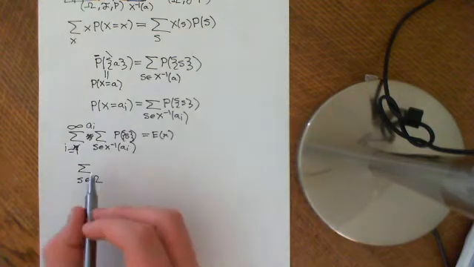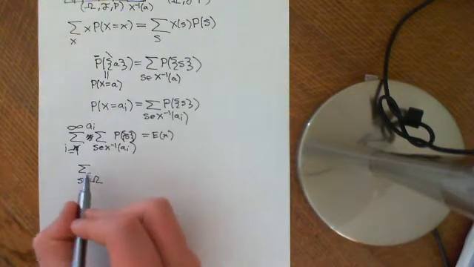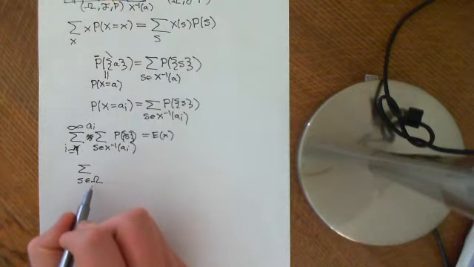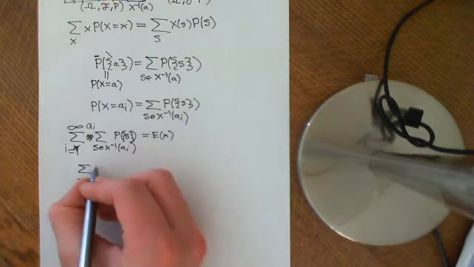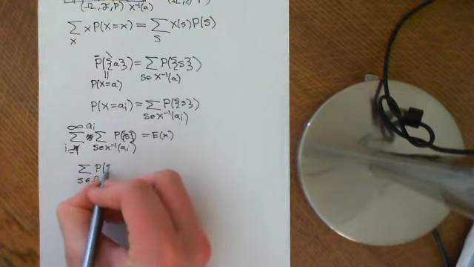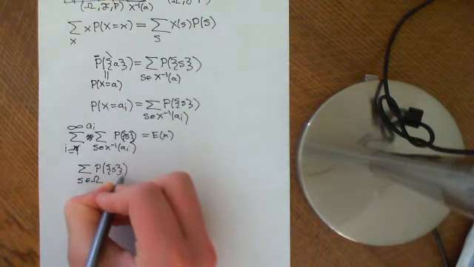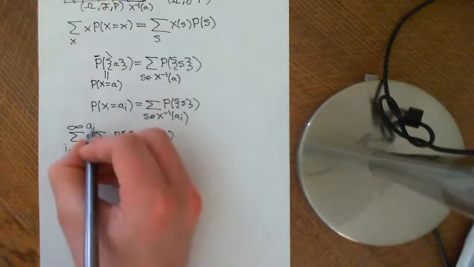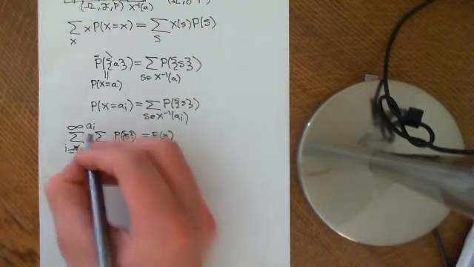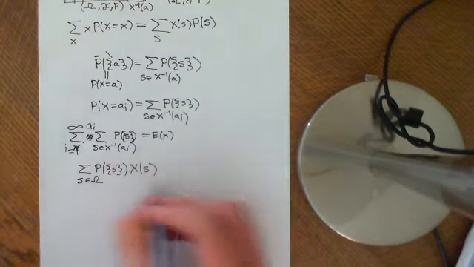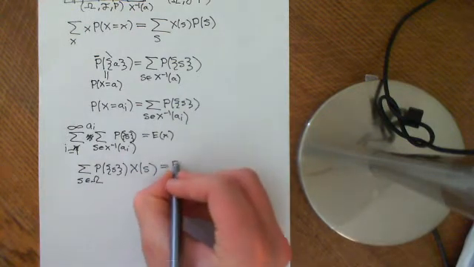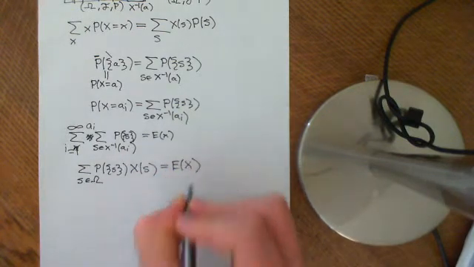Okay, so we can rewrite this as the sum of S is an element of omega times the probability of the singleton S, and then each of these probabilities will be multiplied by its respective AI. So we just need to take the image of S. So that is the reason that is equivalent to the expectation value of X.